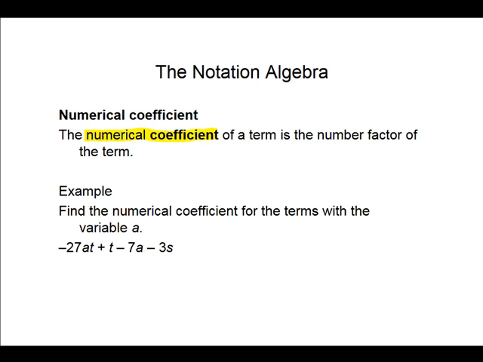Numerical coefficient of a term. So what the numerical coefficient is just the number part of a term. So we've got a few examples here. It says find the numerical coefficient for the terms with the variable a.